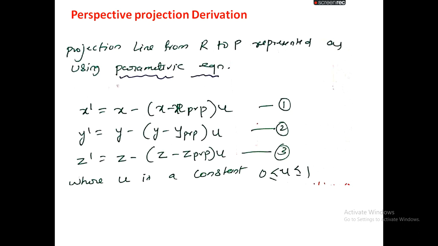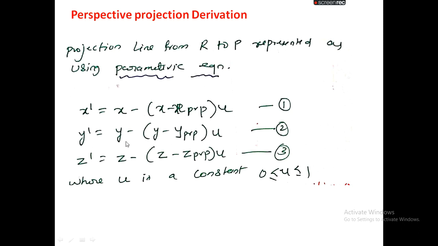With respect to the parametric equation, x dash is the difference between the x-axis coordinate of the given object and the x-axis coordinate of the projection reference point, multiplied by some constant called u. So this is x dash.